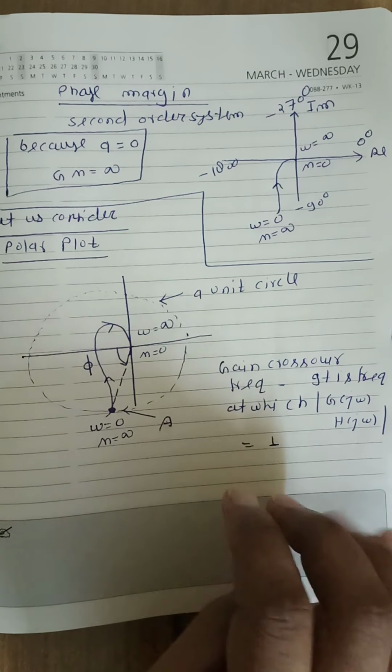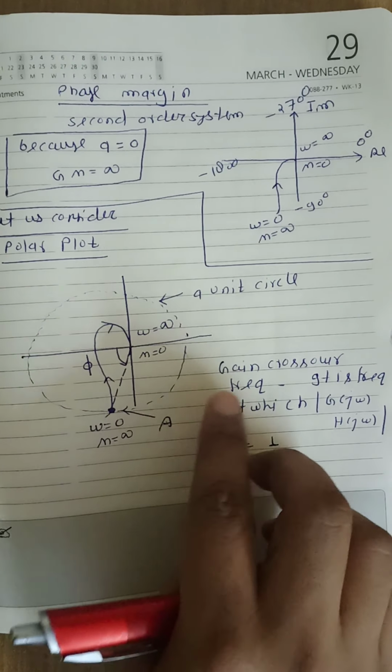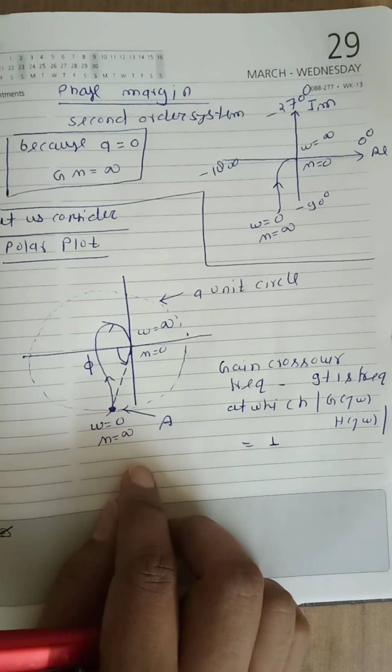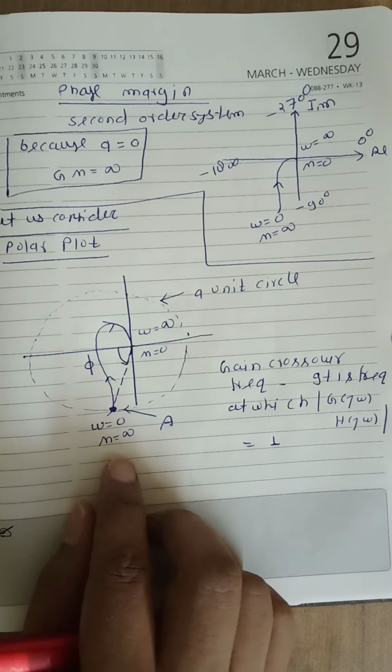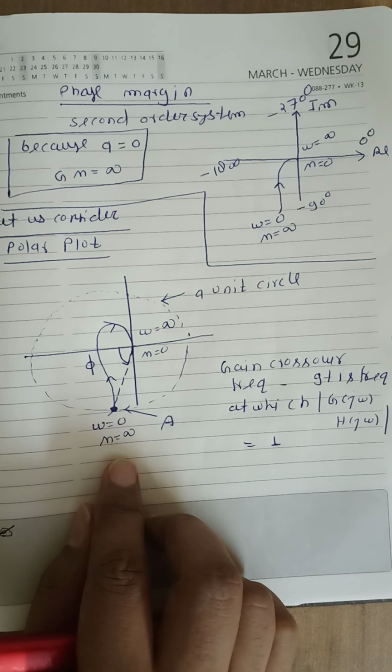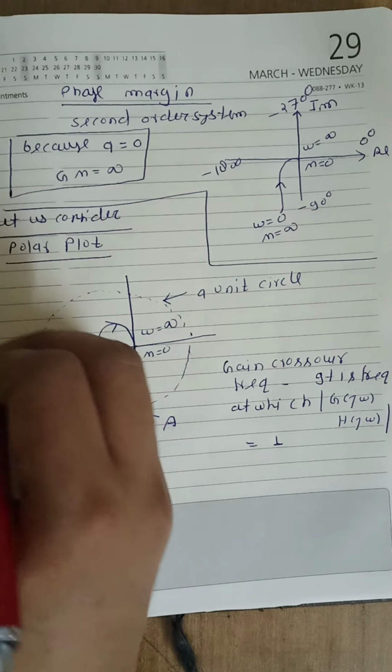And at this frequency, at gain crossover frequency, the phase angle of G(jω)H(jω) is equal to minus 180 degree plus phi.